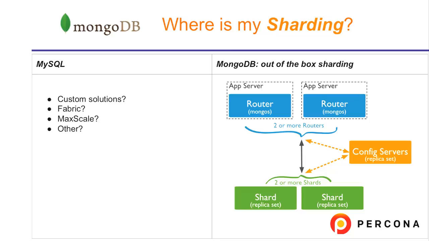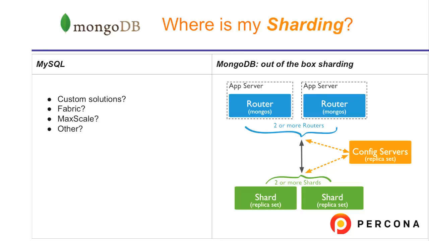The quick overview is this. Sharding is based on the router. We call it mongos. And those routers can be placed on the app servers. Now, how does it know which shard to go to? That's why MongoDB uses config servers.